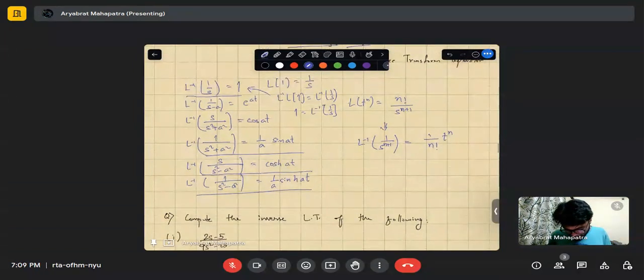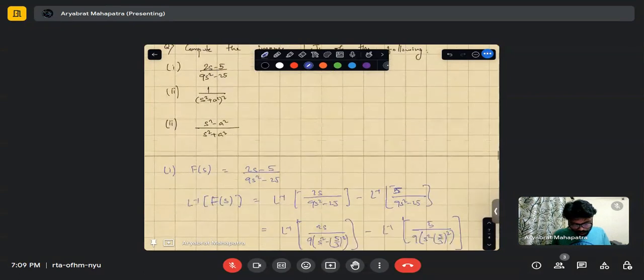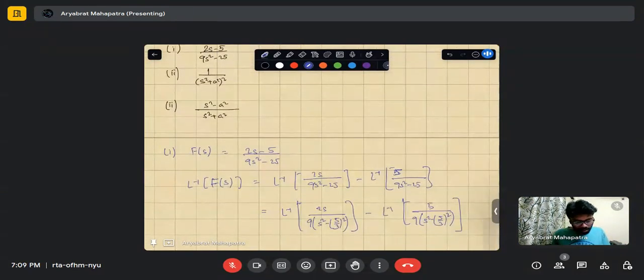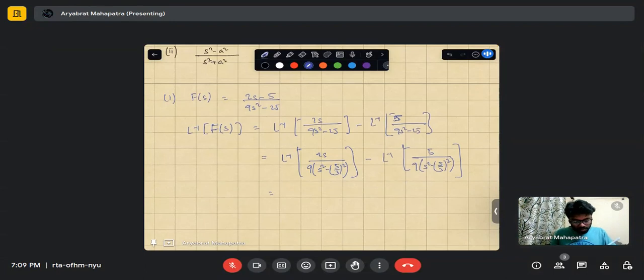Here you can see I have forms like s over s squared plus a squared, 1 over s squared plus a squared, and s over s squared minus a squared. Since I have s squared in the denominator, I am trying to write it in the form of s squared plus a squared or s squared minus a squared, and I have already got some structure like that.